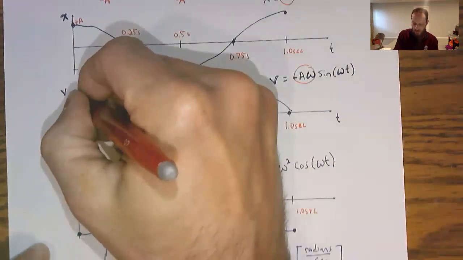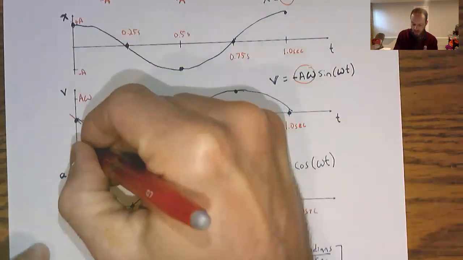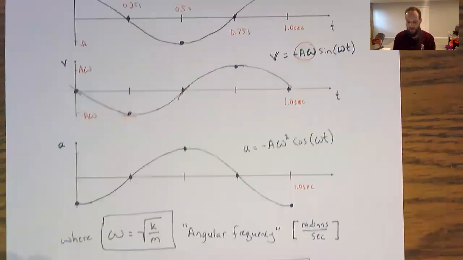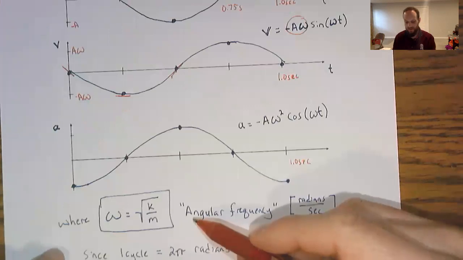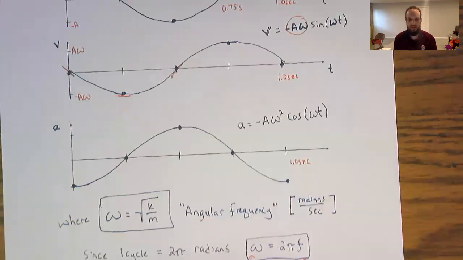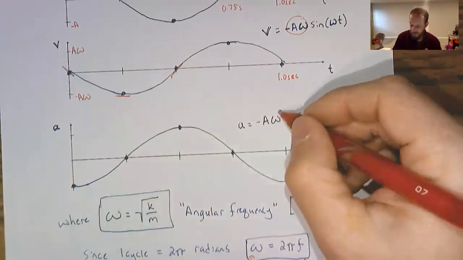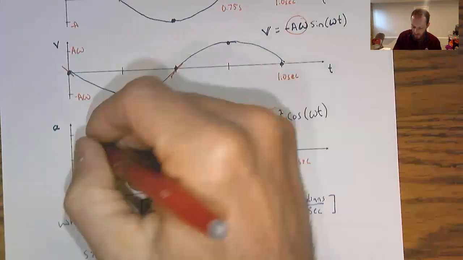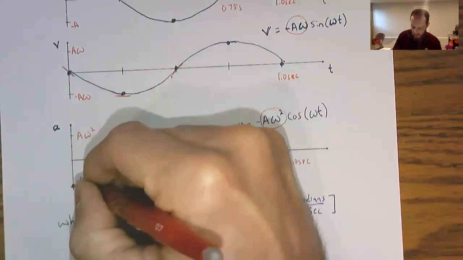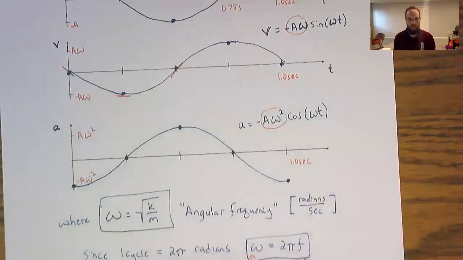So that means that this thing is going to be alternating between positive A omega and negative A omega. So that's why I would want to find omega, because if I multiply that by my amplitude, I can find my maximum speed, the fastest this thing will go. And I can do the same thing with acceleration. Acceleration is going to have an amplitude of A omega squared. So I can use A omega squared and negative A omega squared to find the biggest that my acceleration will be.